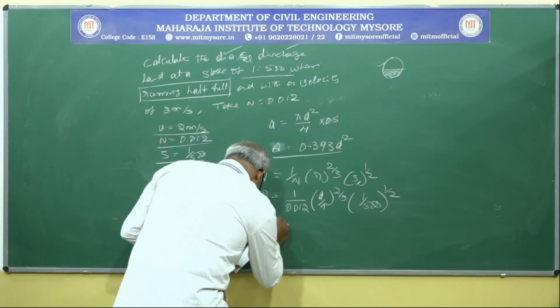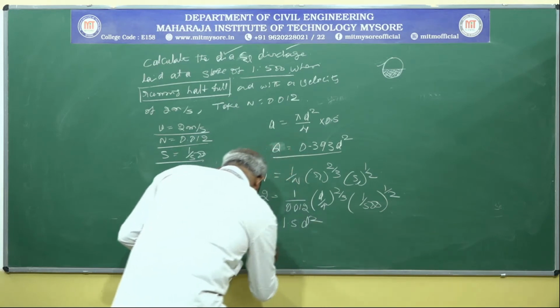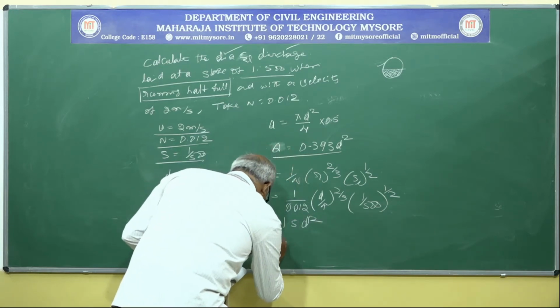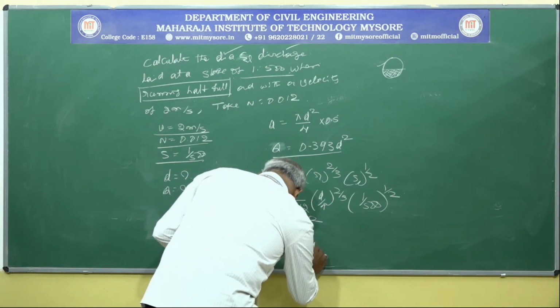Therefore, the value of d equals 1.54 meter.